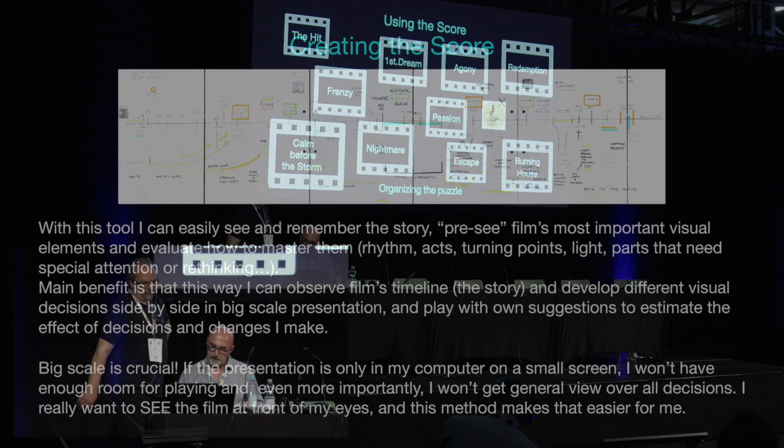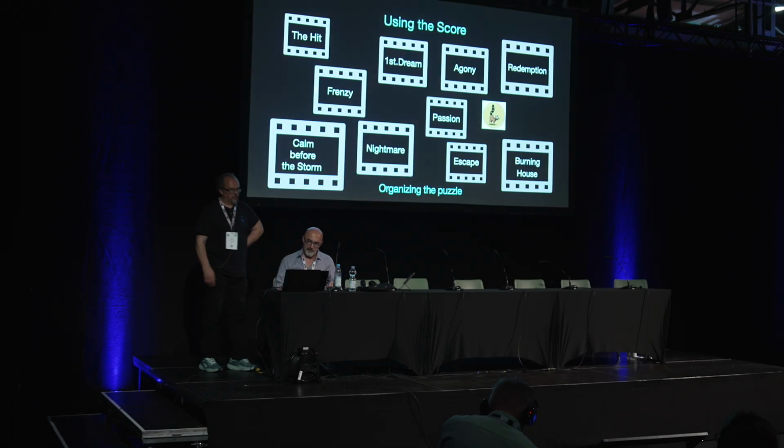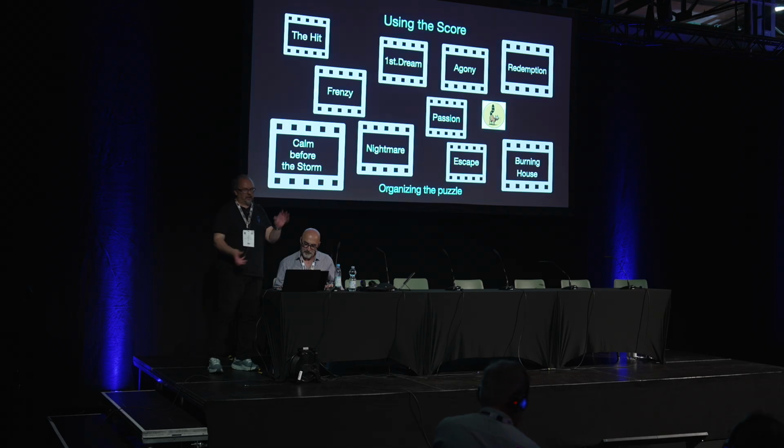In this structure, more like playing with a puzzle, I can move them around and consider, usually with the director, sometimes with the production designer, sometimes with the editor or whatever, and we can challenge our pre-visualization, if that's the right way to do it.